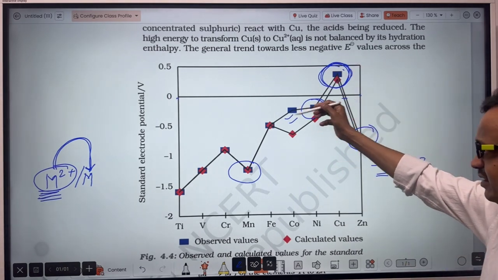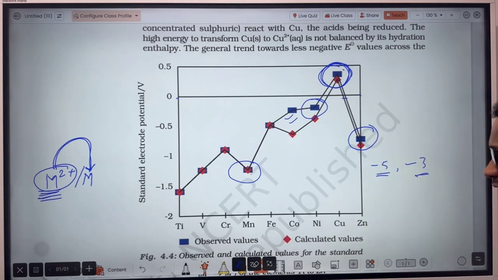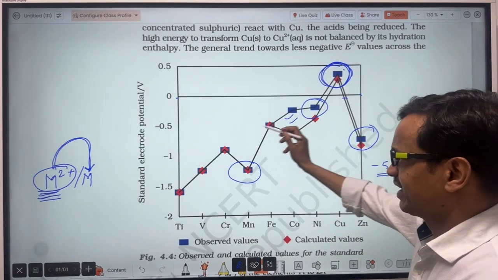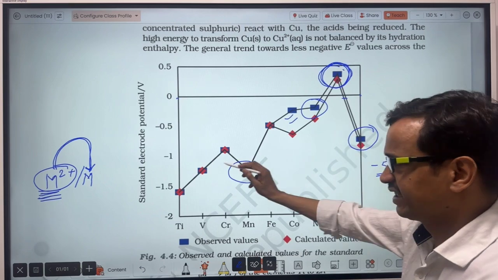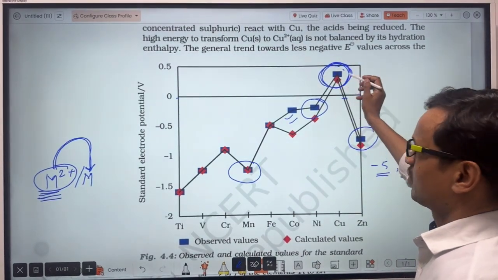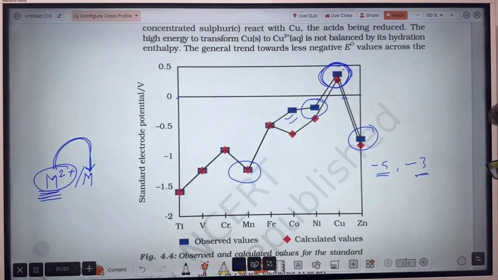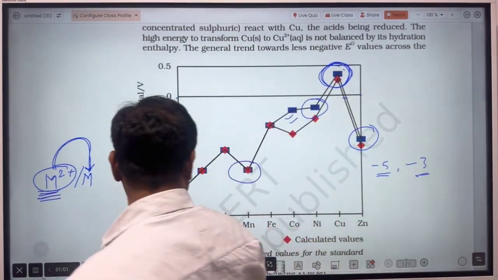Below that, the standard electrode potentials of the other elements are negative. That means these elements will be stable in the oxidized form, and copper will be stable in the atomic form.